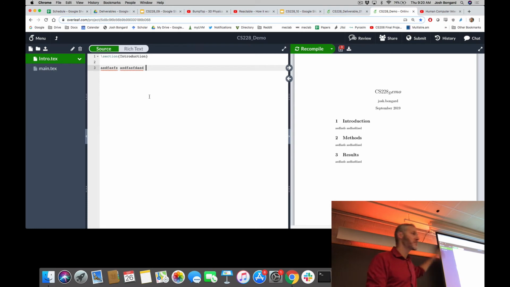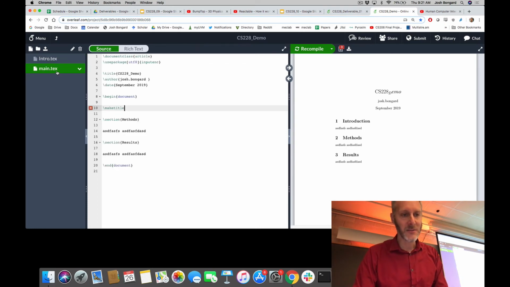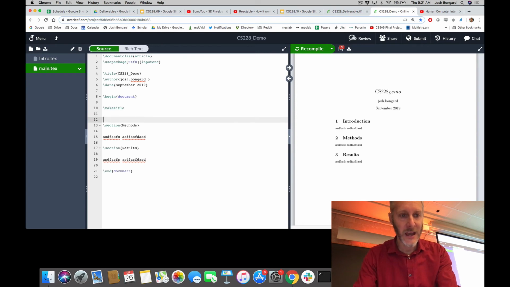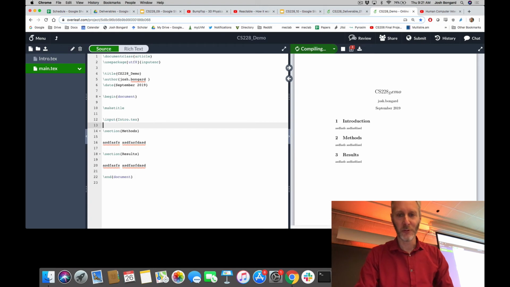So my intro is maybe 20 pages, which is better than 300. I go back to the main document and I tell LaTeX to input this file. Oh, it's complete. Okay, good enough. And hopefully, if I recompile this, I get exactly the same thing.